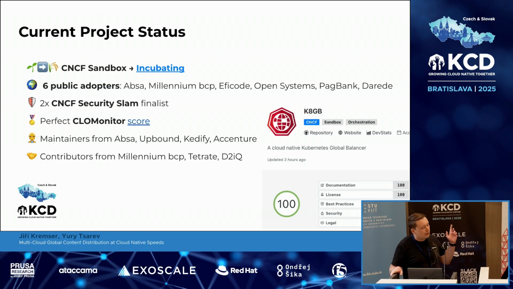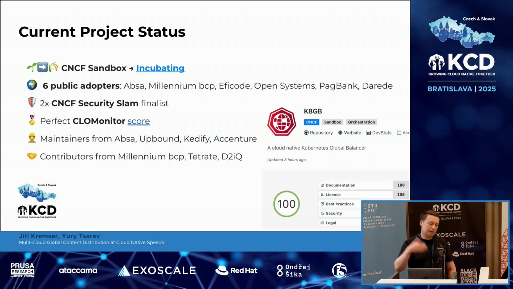It's worth mentioning that we are a 2-time CNCF Security Slam finalist, so it's a nice kind of competition. That's usually connected to one of the KubeCons, and that's where we seriously increased our security posture, and where Yury implemented amazing SLSA supply chain security release pipelines. We're still using them. Everything is signed, and we are in very nice shape from that angle.